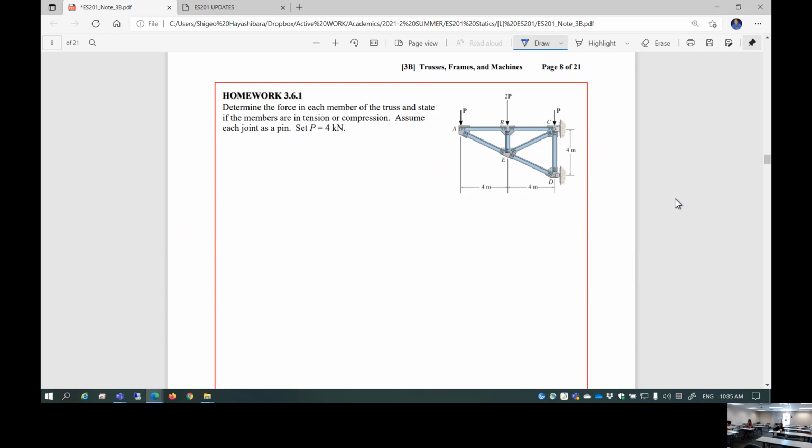The next, using that information, is joint B. That is going to give the BE and BC information. And next is joint E. It's going to find EC and AD. And then joint C, and then lastly, joint D. How many equations? 1, 2, 3, 4, 5. 5 times 2. 10 equations, probably at least.